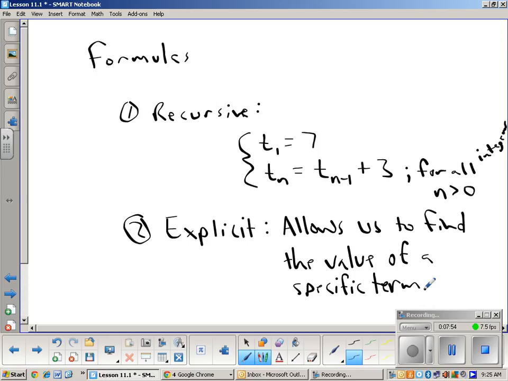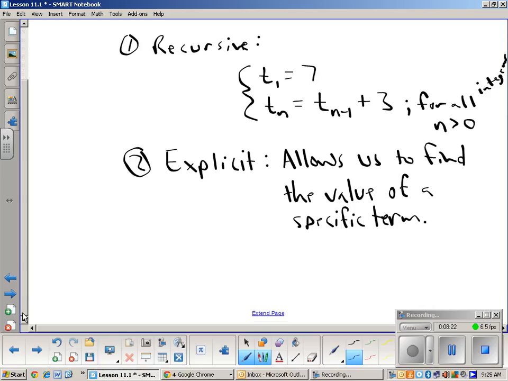These are not limited just to arithmetic and geometric, but for the most part, what we're going to do is going to be those two types of sequences. Okay? We certainly have the ability. The sequence is more general than just those two specific situations. And that's why it's difficult for me to write a formula here.